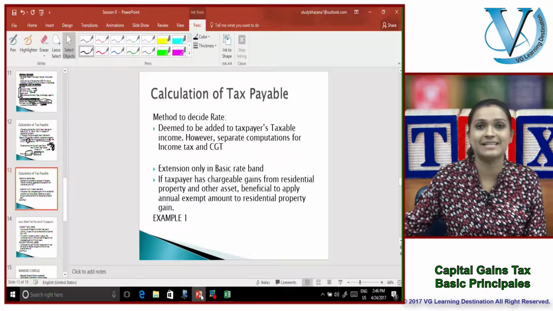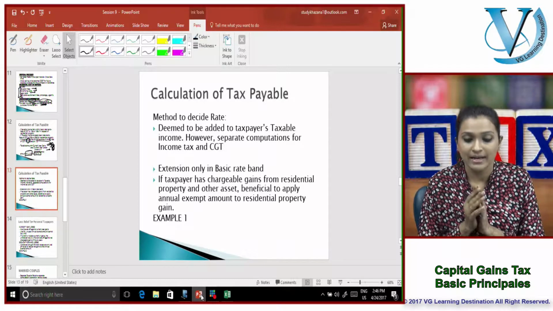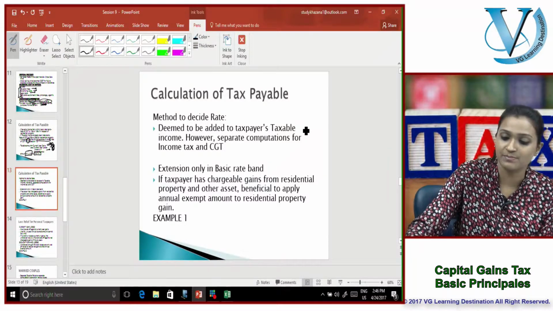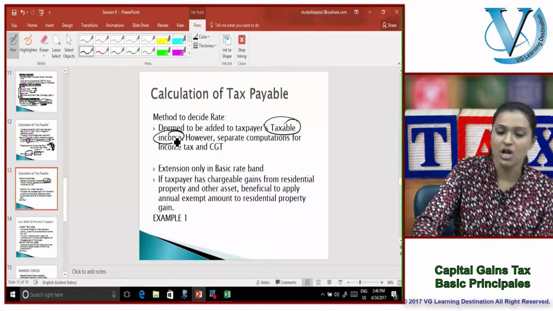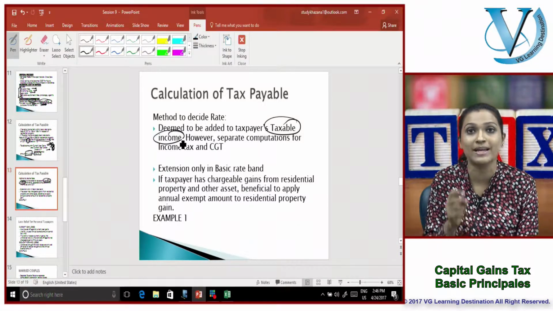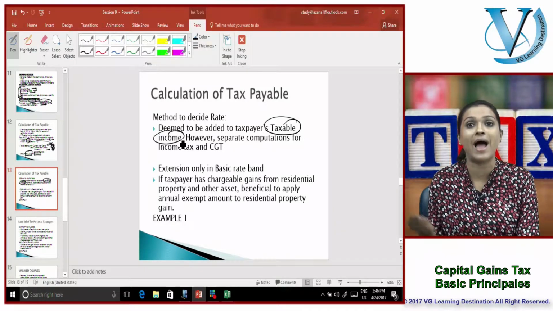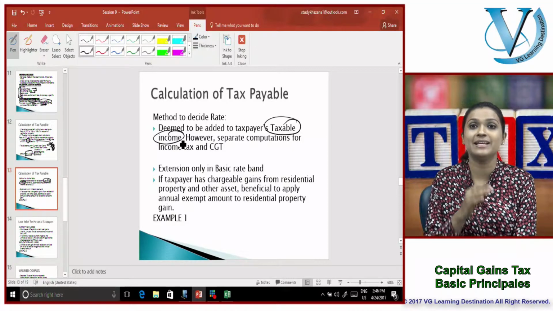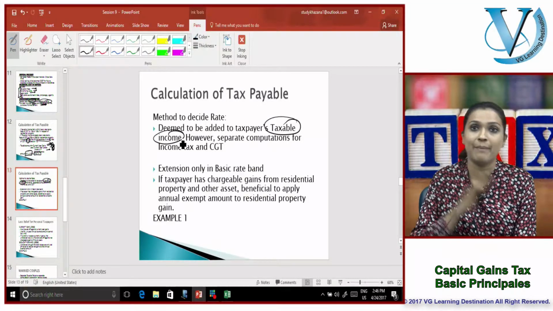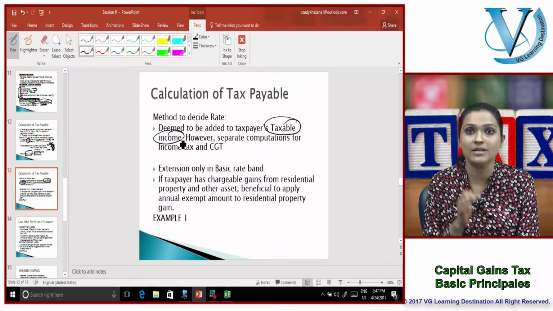So how do you decide what level of taxpayer you are? The gain is deemed to be added to the taxpayer's taxable income. Whatever your taxable profits are under income tax, you add your CGT capital gains on top. Then find out whether you are above or below the basic threshold level of 32,000 pounds.